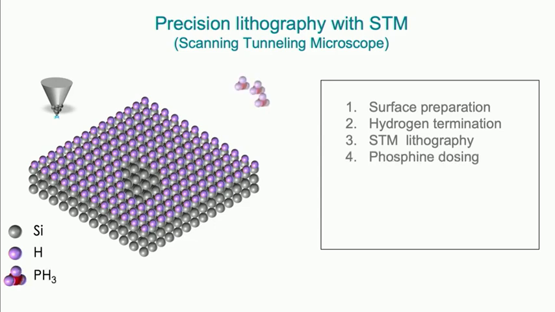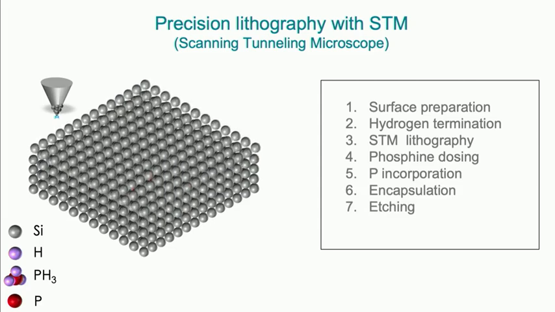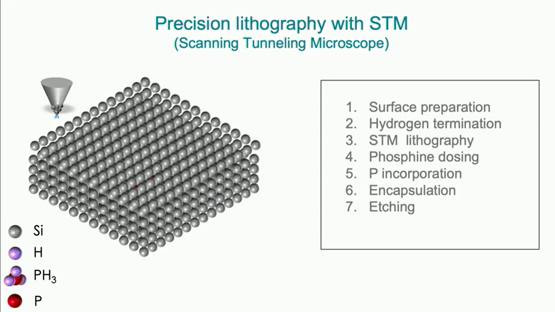When you introduce phosphine gas, more bad PowerPoint coming up, quite complex chemistry occurs, but the phosphorus from that phosphine gas can incorporate into the surface and actually kicks out one of the silicons. You could then grow over the top with silicon, and now your phosphorus has become incorporated inside the silicon lattice.